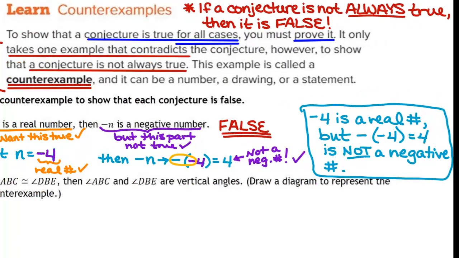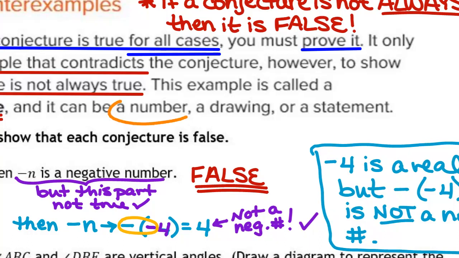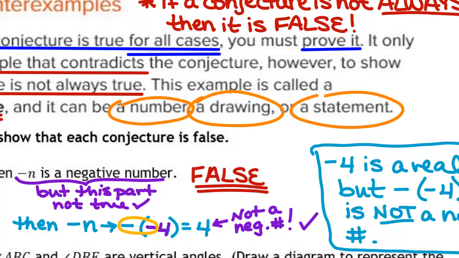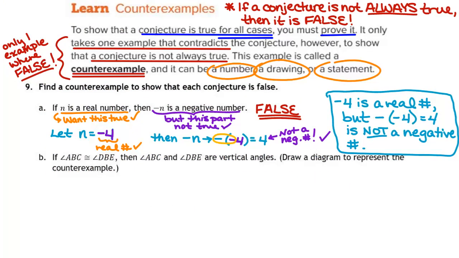A counterexample can be a number, it can be a drawing, or it can be a sentence. So for part A, it would have been enough for me to show that I picked out a real number, -4, and that when I take it and put a negative sign in front of the number that I chose, I did not get a negative number back.